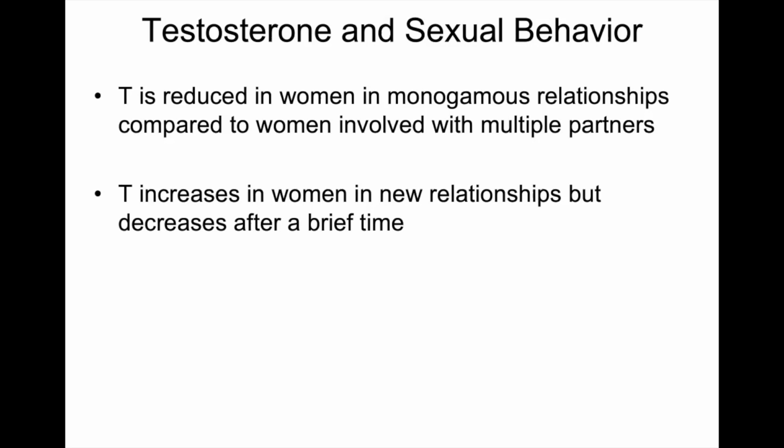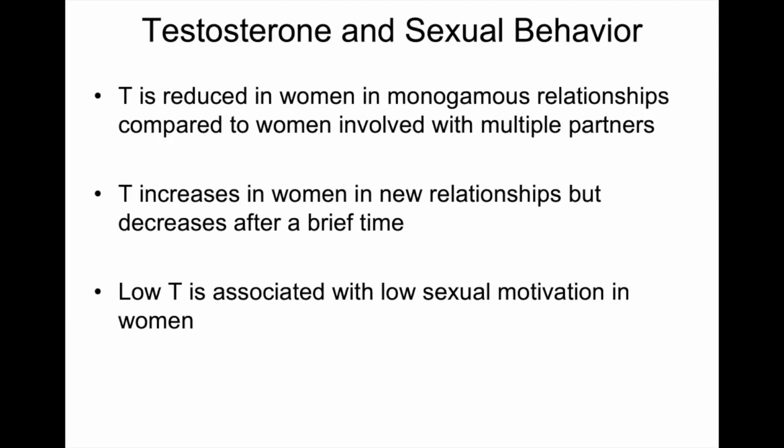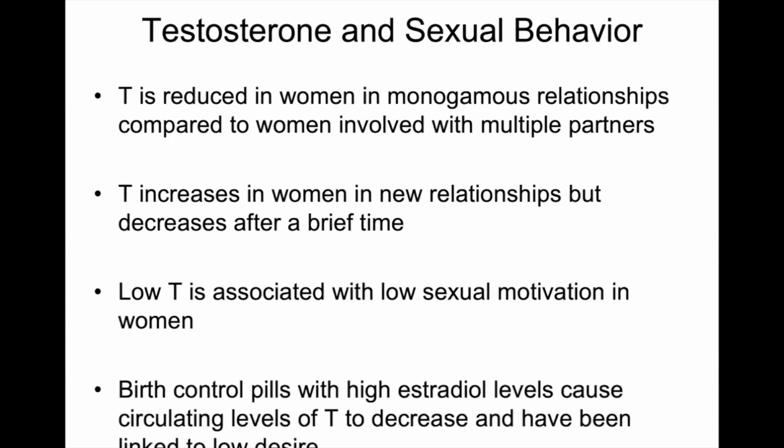First, blood sample studies in humans have revealed that testosterone levels are lower in monogamous women than in those who are involved with multiple partners. We also see that testosterone levels are higher in new relationships, but these levels decrease with time. And we've already discussed that cuddling and intimacy after sex can increase testosterone, which can in turn lead to more sexual behavior with a new partner or possibly even other partners.